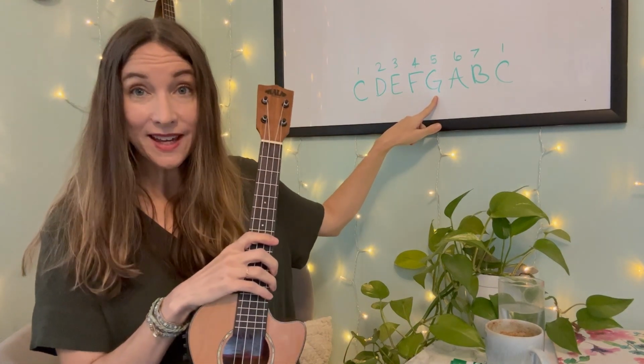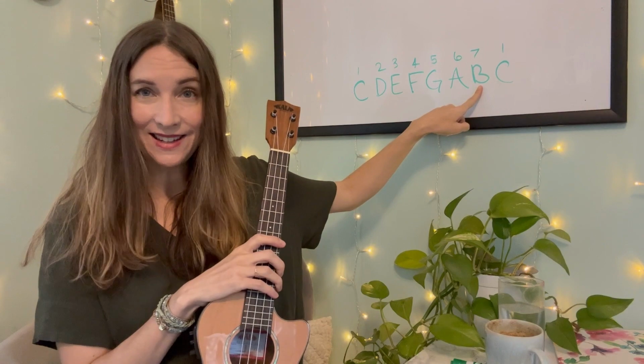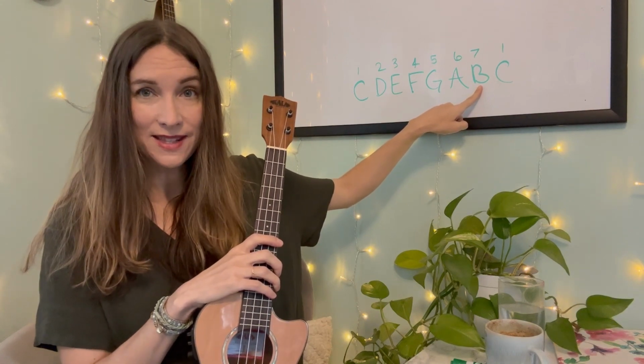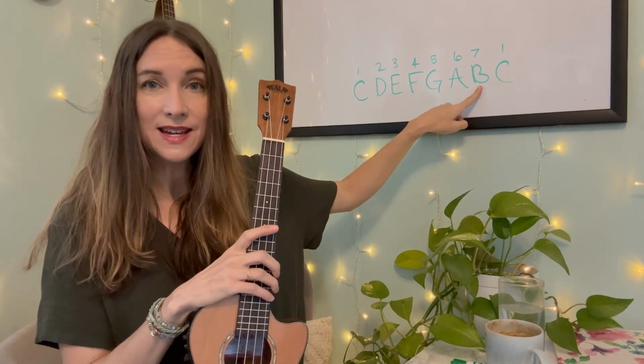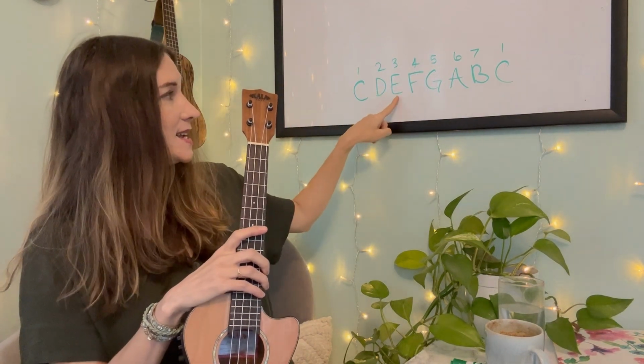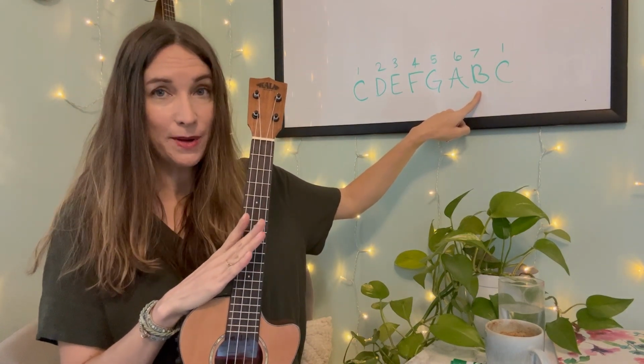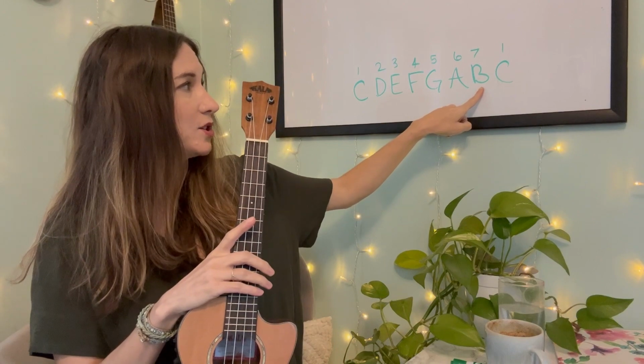Now, the 7 chord, we're actually adding in the 7th note of the scale. So a C major 7 chord is going to have C, E, G, and B. And now there are different kinds of 7s. We're going to talk about that. But in this case, this is our C major 7 chord.